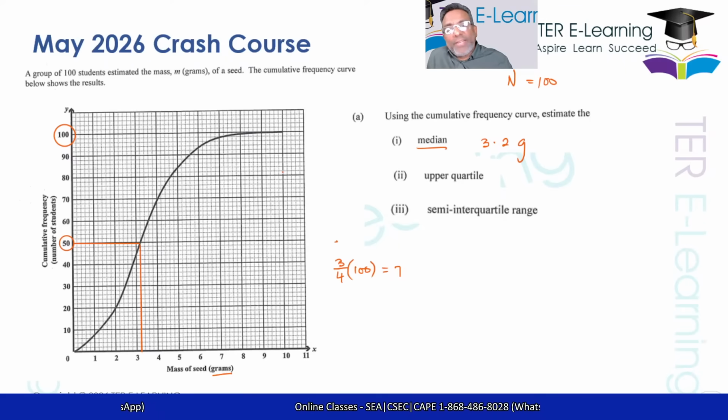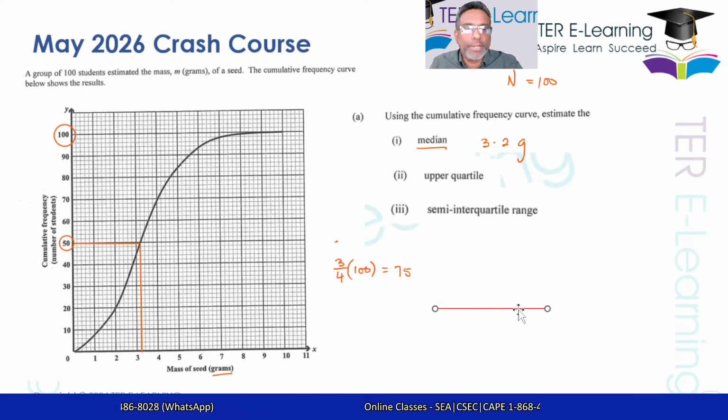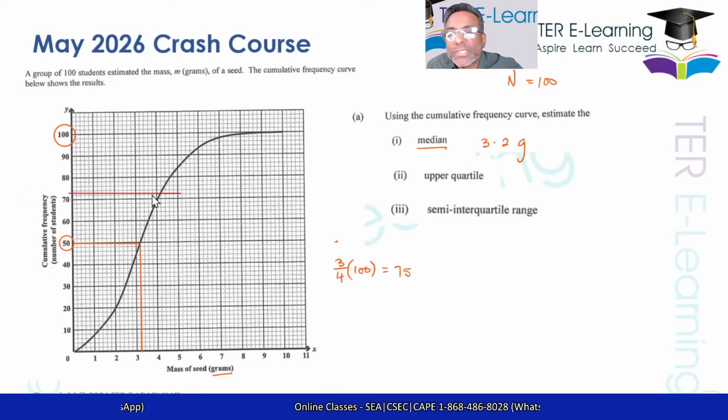But 75 is not the answer. You're going to read off at 75. So again, let's come to the graph, and we're going to draw a line here at around 75.